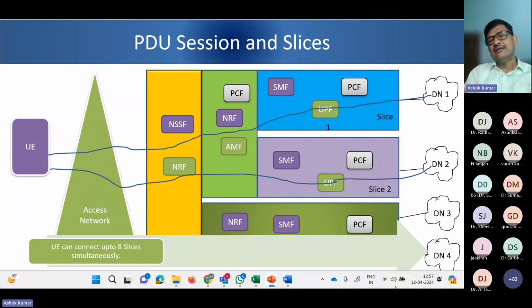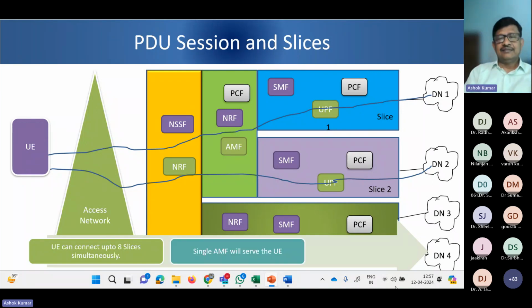That also means a particular AMF is handling all those 8 slices, and a single AMF will serve the UE. If I'm connecting to 8 slices, the same AMF is common to all 8 slices.